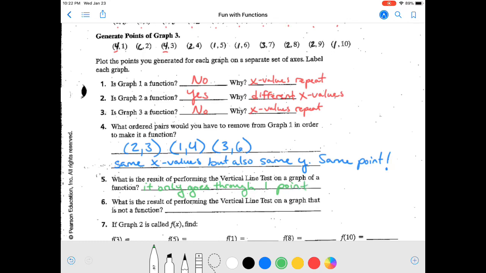That's the definition of passing the vertical line test and being a function. So the result of performing a vertical line test on a graph that is not a function is that it will go through more than one point. When it goes through more than one point, it's failing the vertical line test, and that means that the graph is not a function.